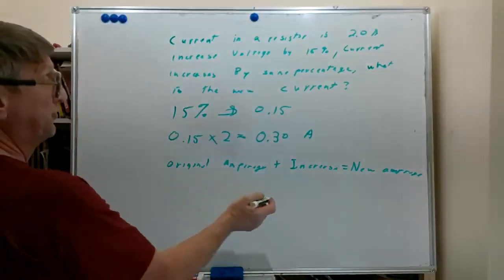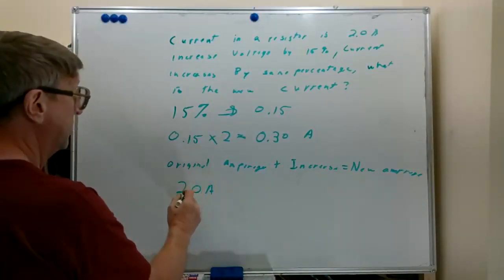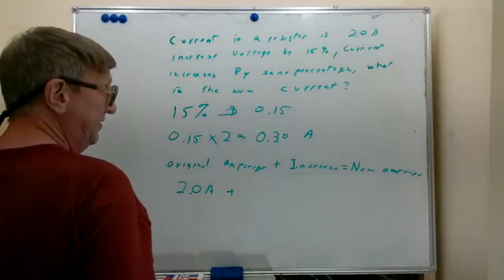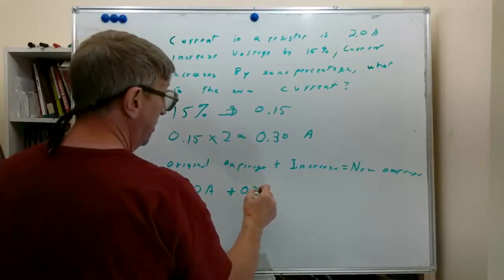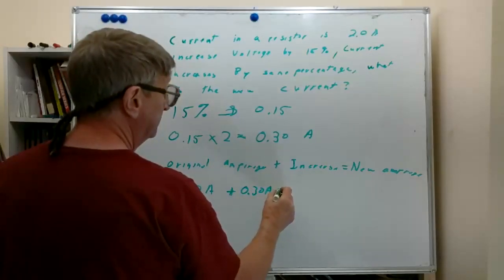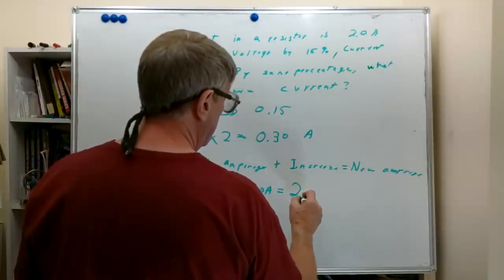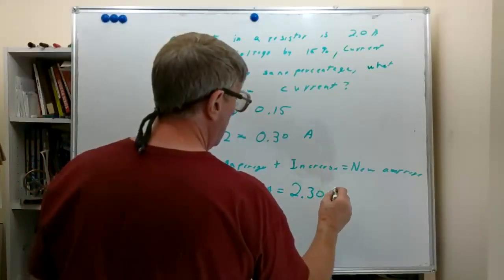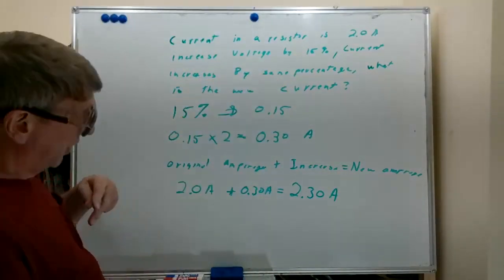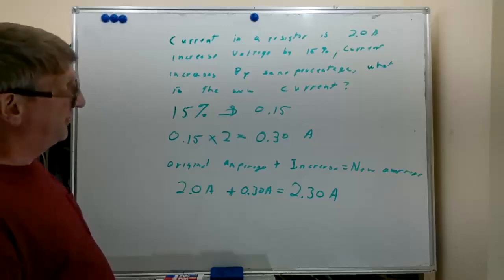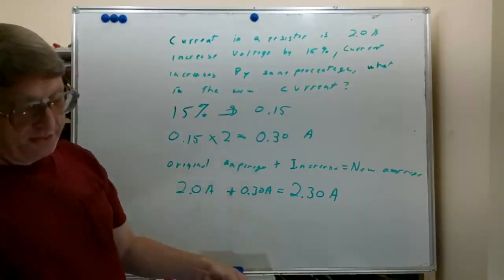So our original amperage was 2 amps, 2.0, plus our increase, which we found to be 0.30 amps. Well, 2.0 plus 0.30 is 2.30 amps. So when we increase the voltage by 15%, we also increase the current by 15%. So our current went from 2 amps up to 2.3 amps.